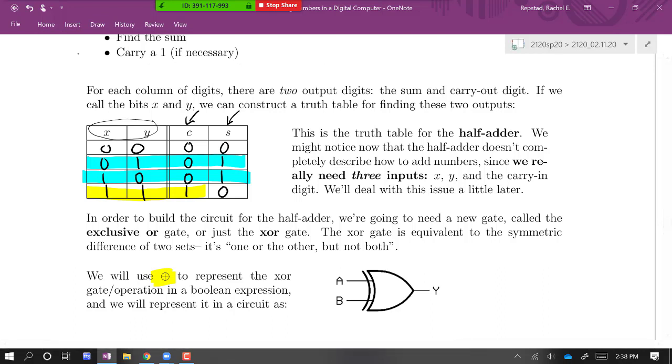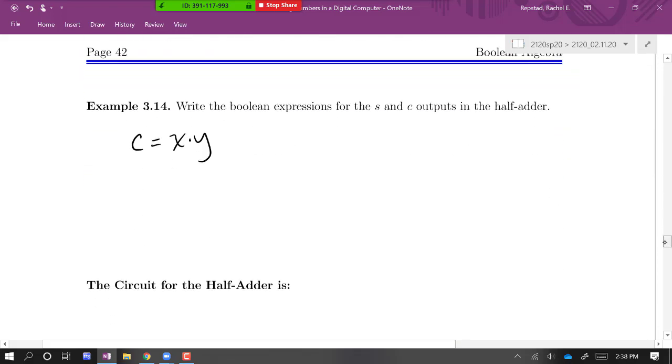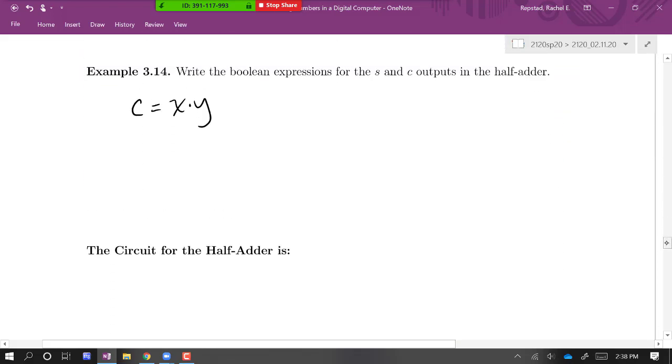X or y, like the OR operation, but not both. It has to be the exclusive OR, because OR always means or both unless we specify otherwise. So we want to make sure we're clear about this, that this is the XOR operation. And that's the circle plus.